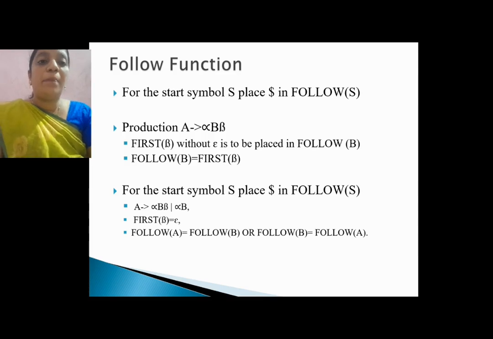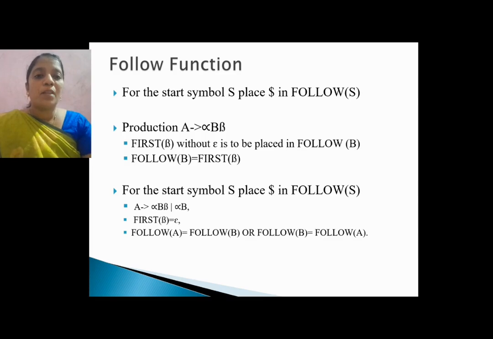If my beta is equal to epsilon, I have to use rule 3, the last one: follow of A equal to follow of B, or follow of B equal to follow of A. This is my main point. If I want to use rule 2, my beta should not be equal to epsilon. If I have to use rule 3, my beta should be equal to epsilon.